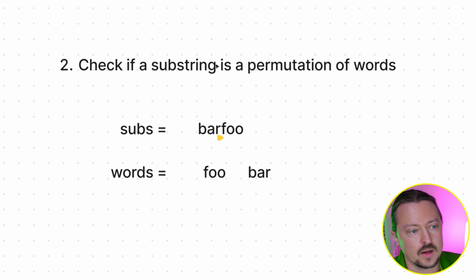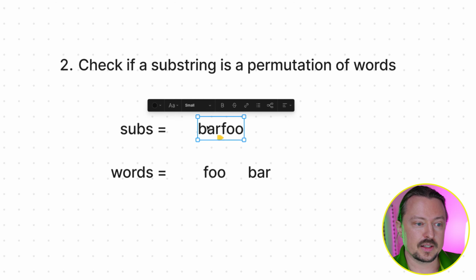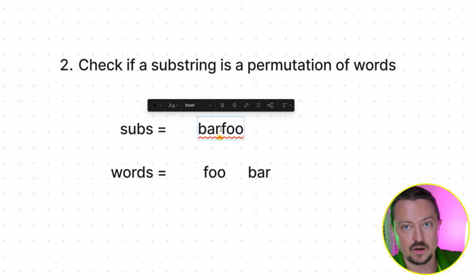All right, now here's the trick for checking if a substring is a permutation of your words. You don't need to figure out if this is an actual permutation or anything like that, because they're all the same length. All you need to do is count. So you break up this substring into equal length segments, which we're going to do iteratively, so you don't have to do it all at once.